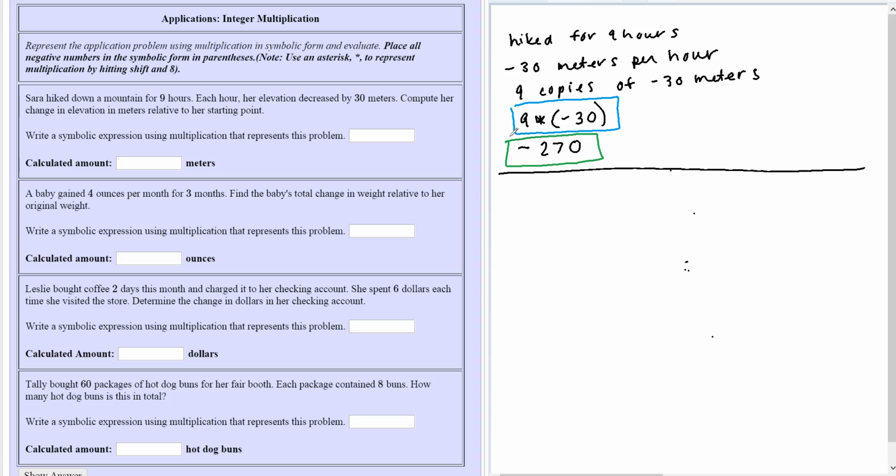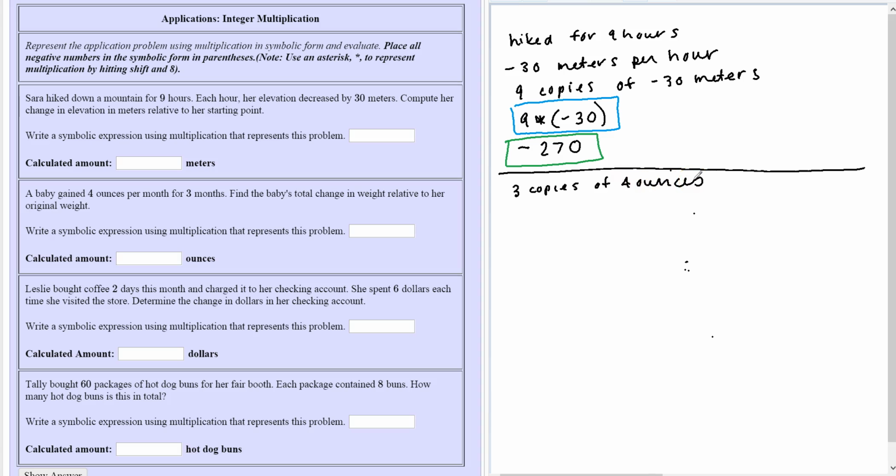Okay, let's look at the next one. A baby gained 4 ounces per month for 3 months. Find the baby's total change in weight relative to her original weight. So first we're going to represent this as a symbolic expression. Let's think about what there's copies of, what's repeating. For every month it's 4 ounces, so we have 3 months. So 3 copies of 4 ounces.